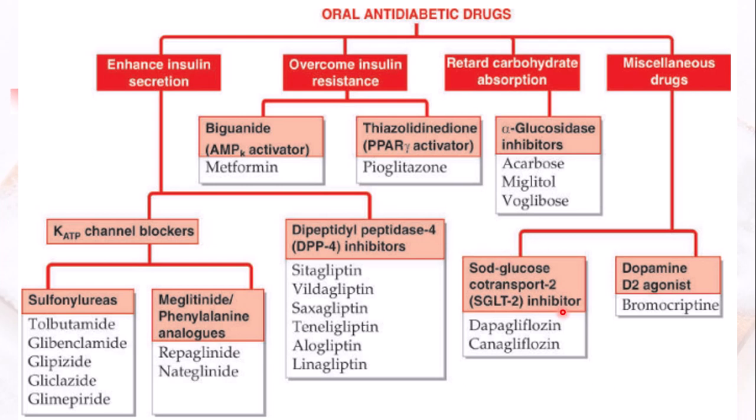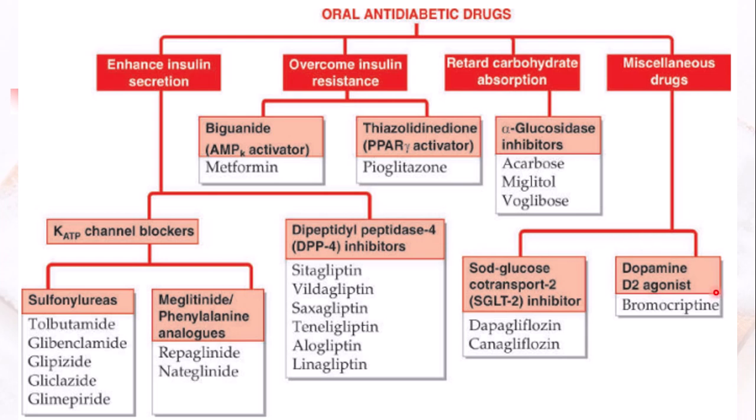As simple as that. The examples are dapagliflozin and canagliflozin. They are indicated for type 2 diabetes mellitus also. The adverse effects are related to genitourinary infections and increased serum potassium, that is hyperkalemia.